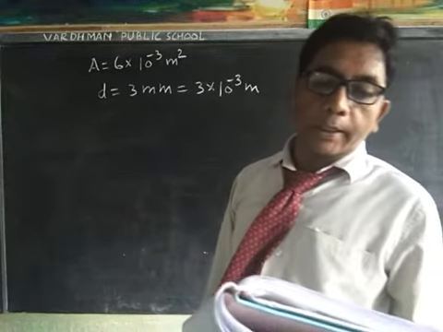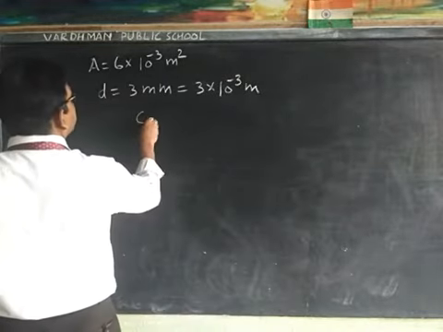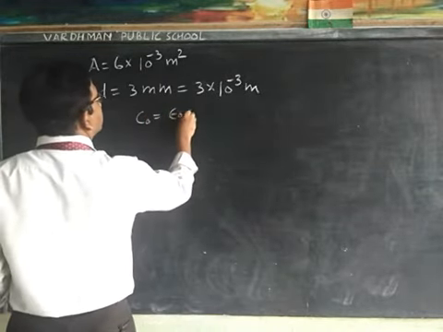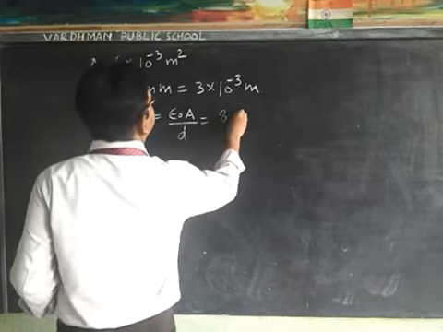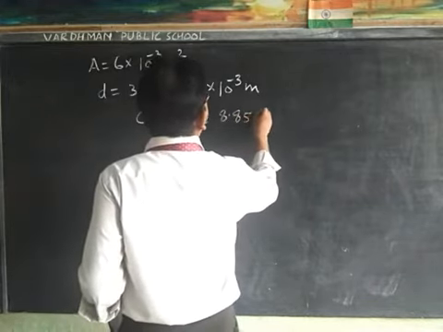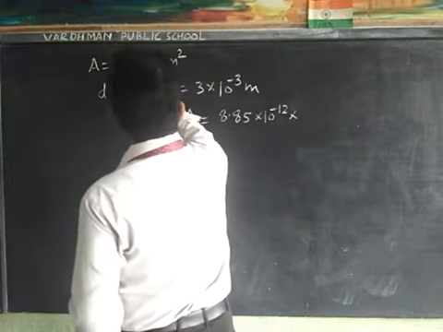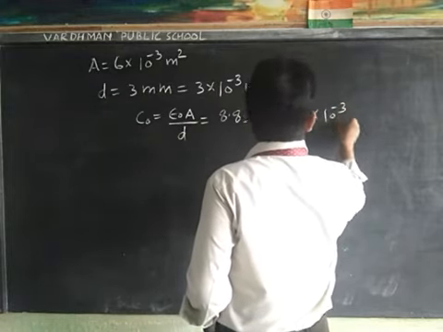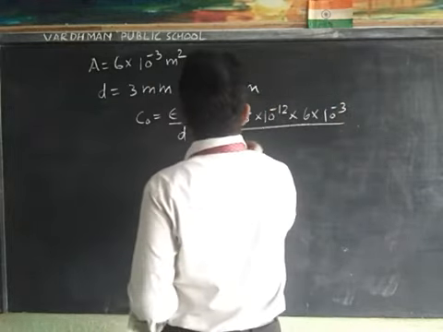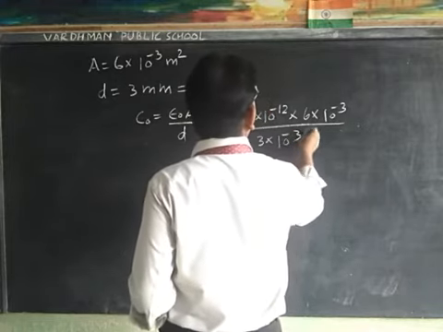First we will calculate the capacitance of the capacitor, that is C0 is equal to epsilon 0 A upon D. The value of epsilon 0 is 8.85 into 10 power minus 12, area 6 into 10 power minus 3, upon D, 3 into 10 power minus 3.